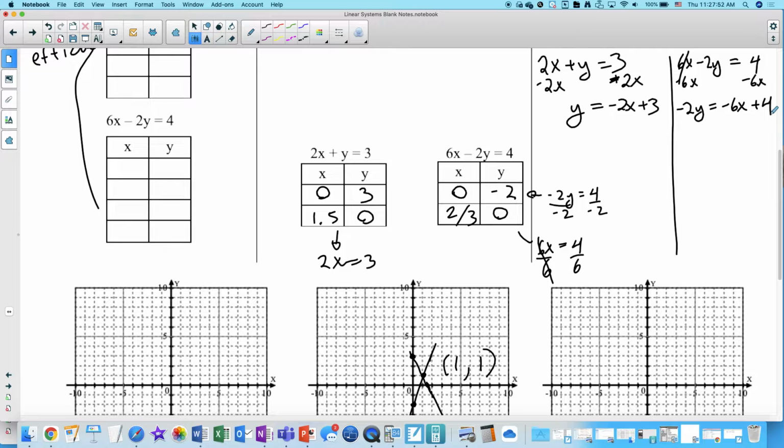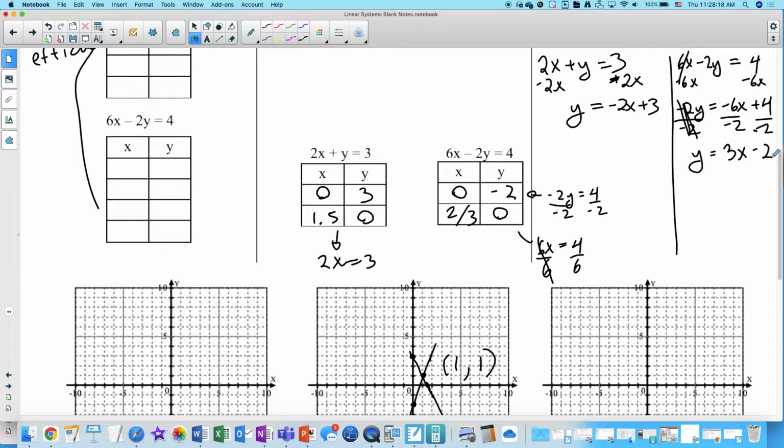And then, what do I need to do? Divide by negative 2, right. Okay, and then simplify. So this becomes y. Negative 6 over negative 2 is 3. And then 4 over negative 2 is minus 2.